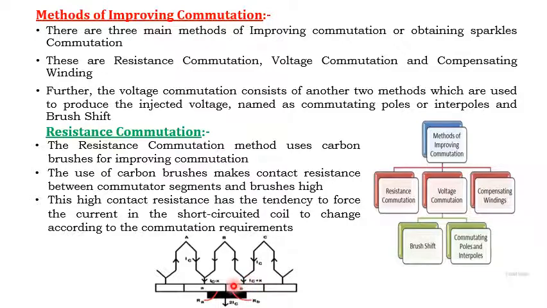So here the naming is given. This commutator segment is named as B. This commutator segment is named as A. And this portion from here to here provides the contact resistance R suffix A. And here this provides the contact resistance R suffix B. And this high contact resistance has the tendency to force the current in the short circuited coil to change according to the requirement of the commutation.